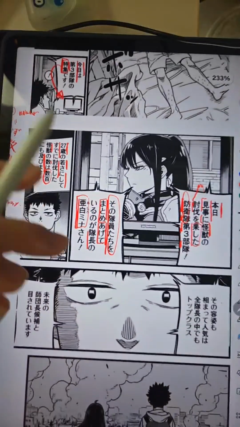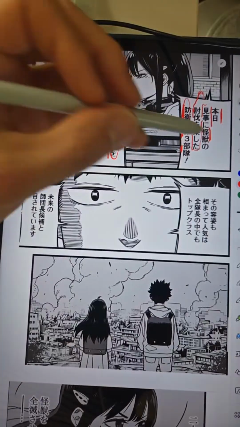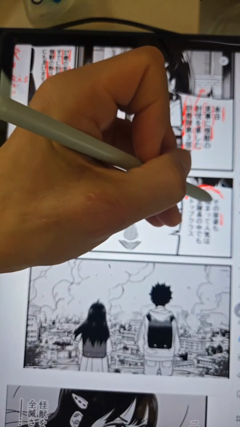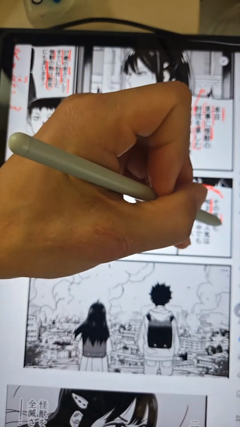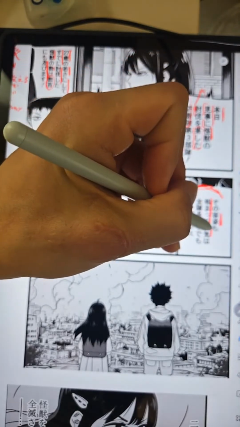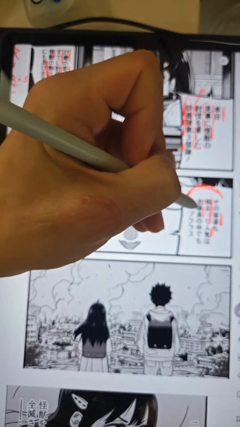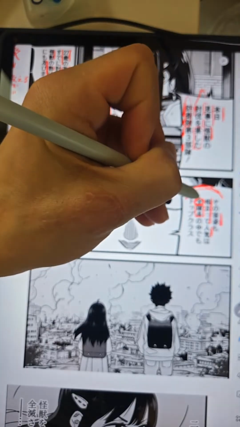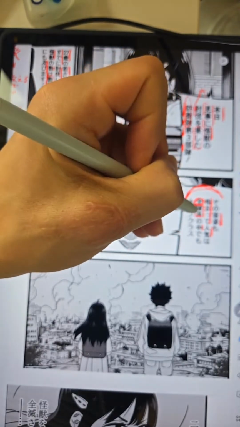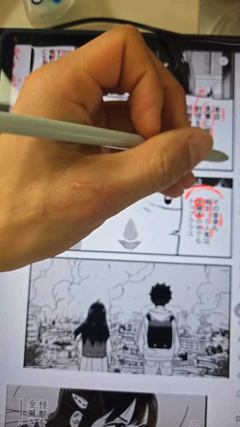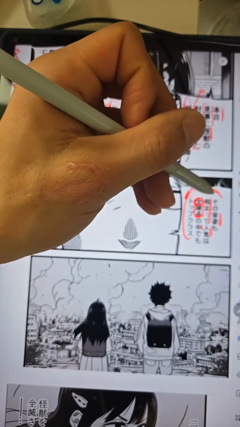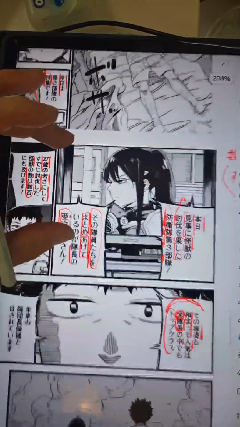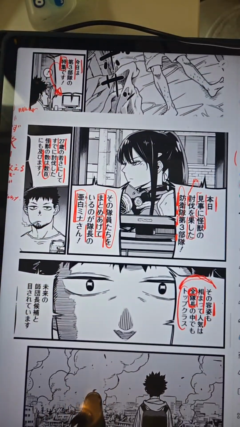Okay? その容姿も相まって人気は全隊長の中でもトップクラス。容姿, appearance, も相まって, together with its appearance, 人気, popularity, は全隊長, meaning all of the group leaders, 全 means all. So の中で, within all of the group leaders, top class, together with her great appearance. I guess she looks really beautiful. She is top class among all of the group leaders.